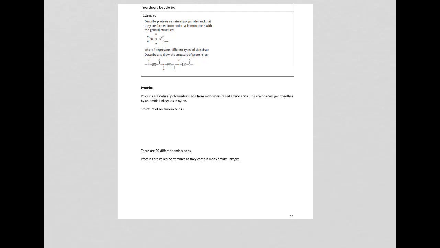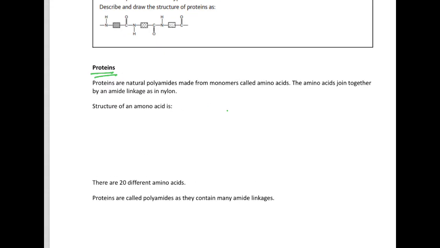Next, we have a natural polymer, which is protein. Protein is made from monomers called amino acids. Now, amino acids, in the name, there are 2 words here. There's amino and there's acid.